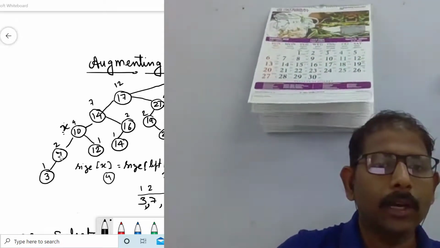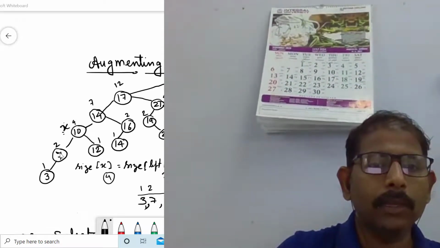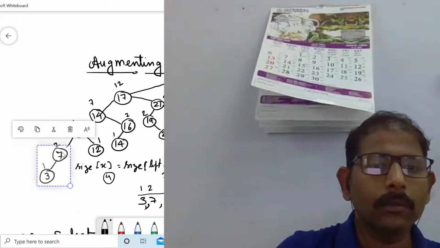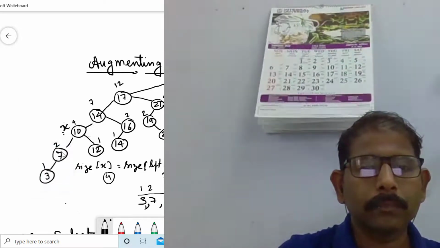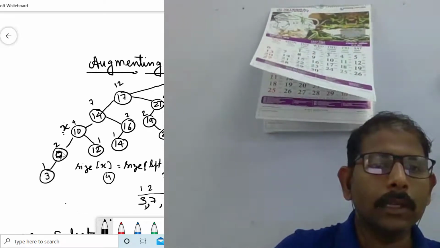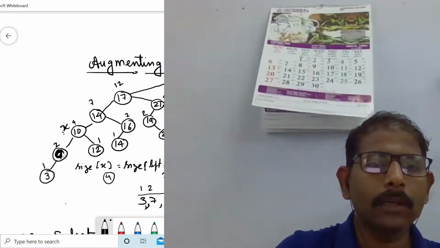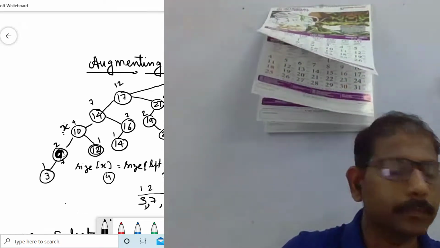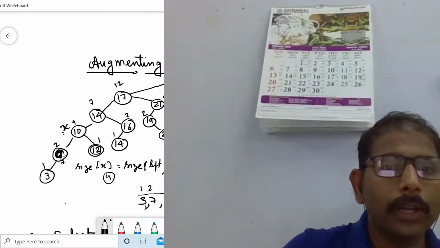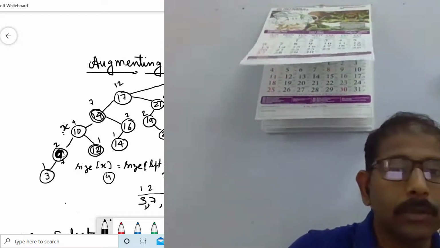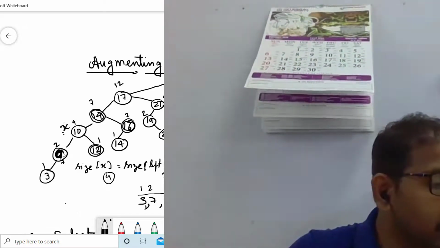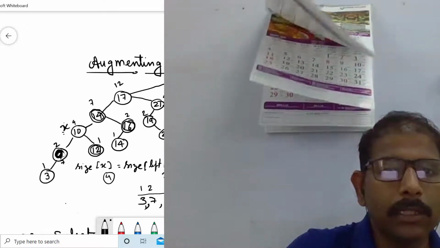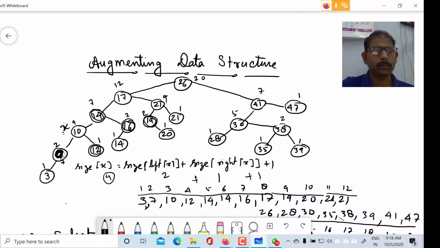In this red black tree, 7 is black, 12 is black, 14 is black, 16 is black, 19 is black. This is the example from the Cormen book.